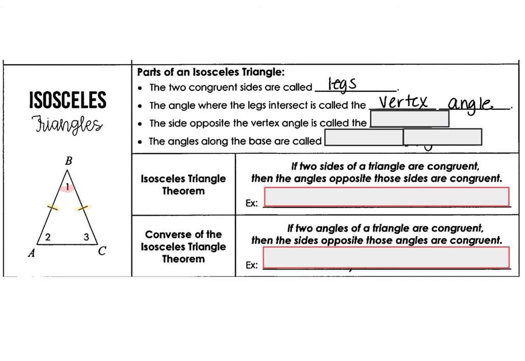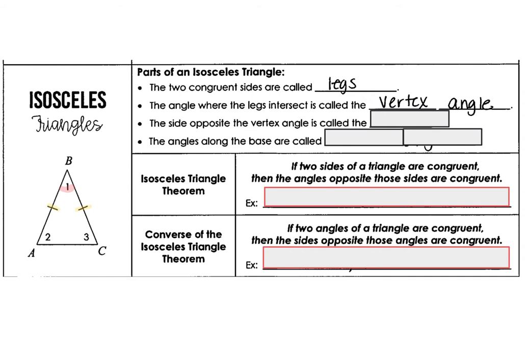So the orientation matters. If this were laying on its side, that would still be the vertex, even though it's not at the top. All right, so orientation, you have to pay attention to where the legs of your isosceles triangle are. So it's just like the legs of an angle. So the legs of the angle make up the vertex angle. So the legs of the isosceles triangle makes up the vertex angle.